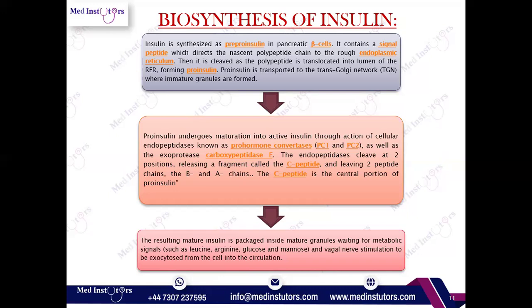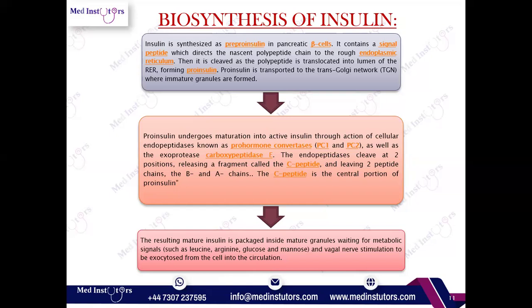Now the proinsulin undergoes maturation into active insulin through the action of cellular endopeptidases known as prohormone convertases, as well as the exoprotease carboxypeptidase E. The endopeptidases cleave at two positions, releasing a fragment known as C peptide and leaving two peptide chains, the B and A chains. The C peptide is a central portion of the proinsulin.